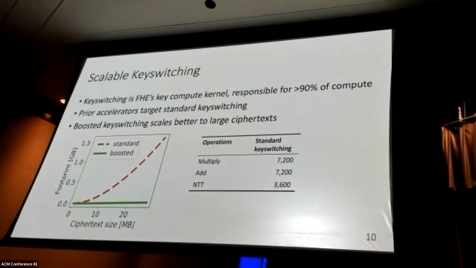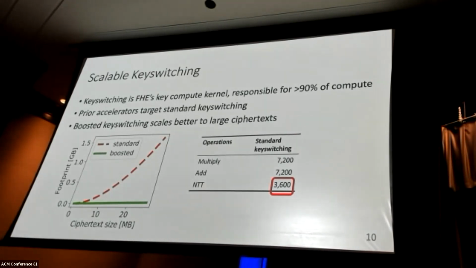Now, prior accelerators, as I mentioned, are focused on standard key switching, and the bulk of operations in standard key switching is actually concentrated in NTTs, where each NTT has an order of magnitude more compute than the simple multiplies and adds in the breakdown of this table. So most operations are in NTTs.